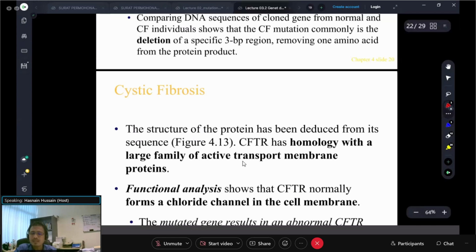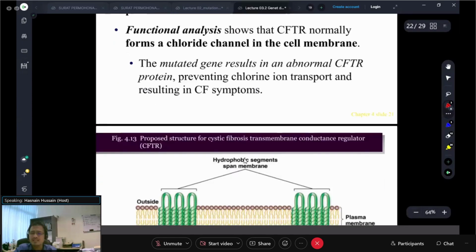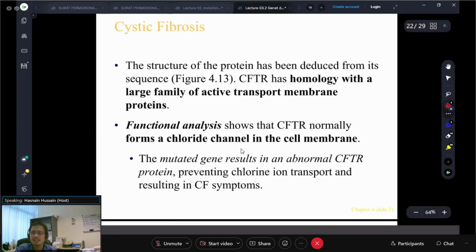So they did the analysis and found the gene has similarity, or homology, with a family of active transport membrane proteins.